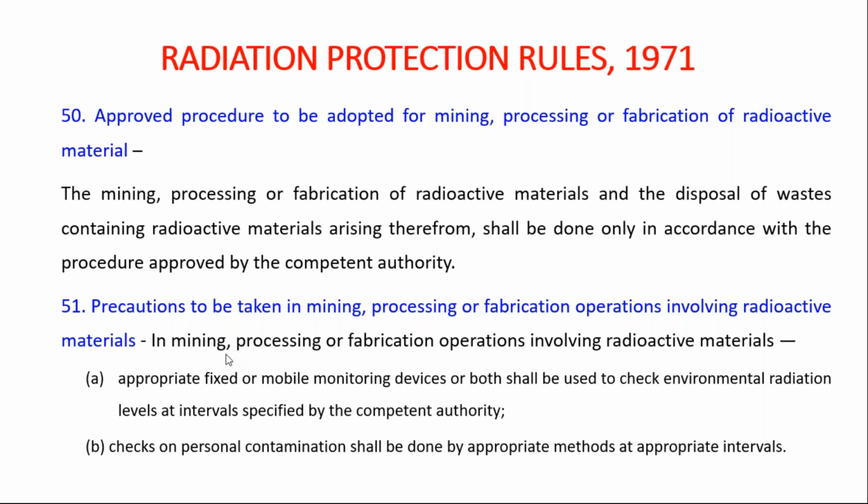So in some of the cases, these radioactive materials can be used for these types of operations, and before handling these types of radioactive materials, precautions should be taken, some safety measures should be taken, some safe operating procedure should be followed, and all these things can be decided and guided by the competent authority.